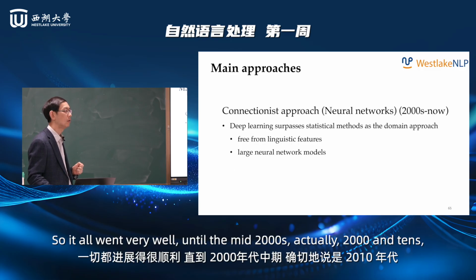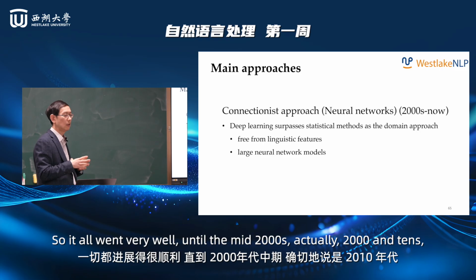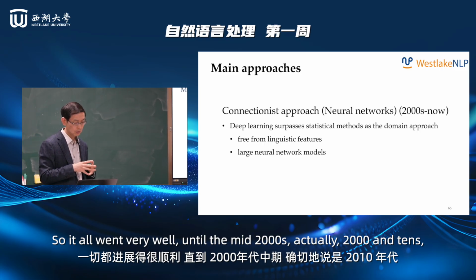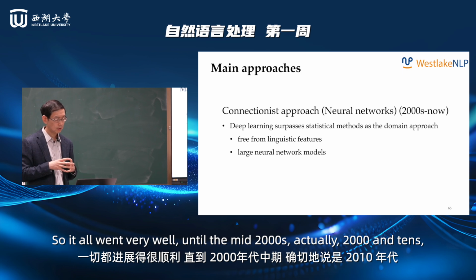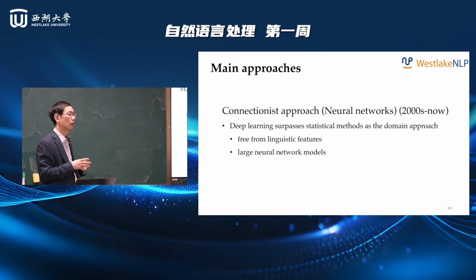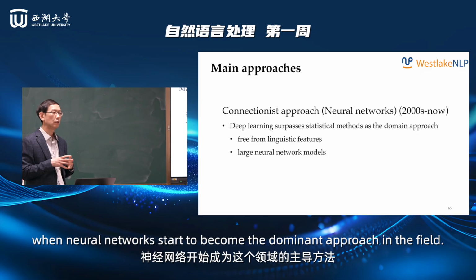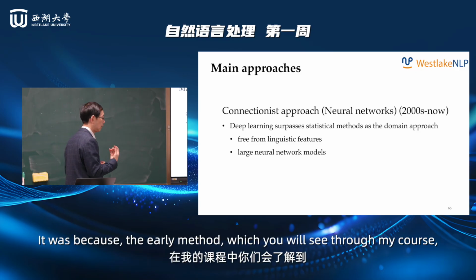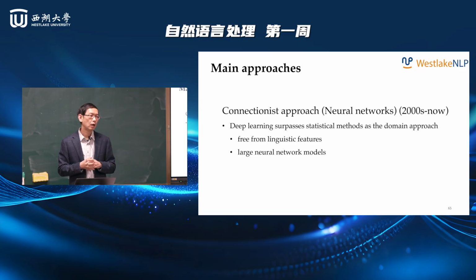So it all went very well until the mid-2000s, actually 2010s, when neural networks started to become the dominant approach in the field. Why? It was because the early methods, which you will see through my course, okay?